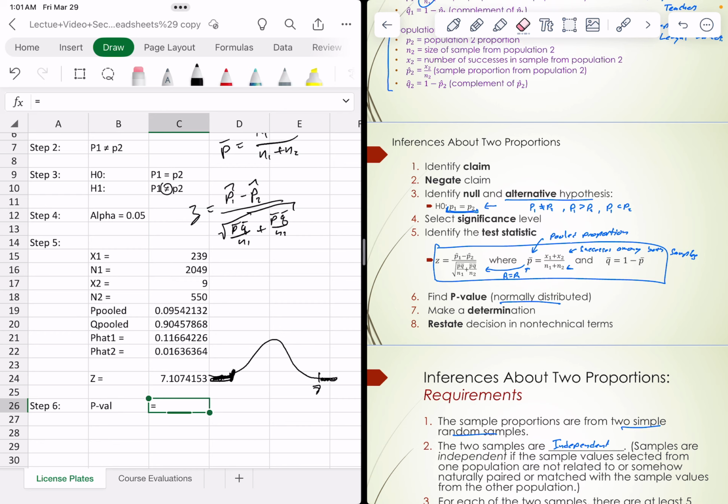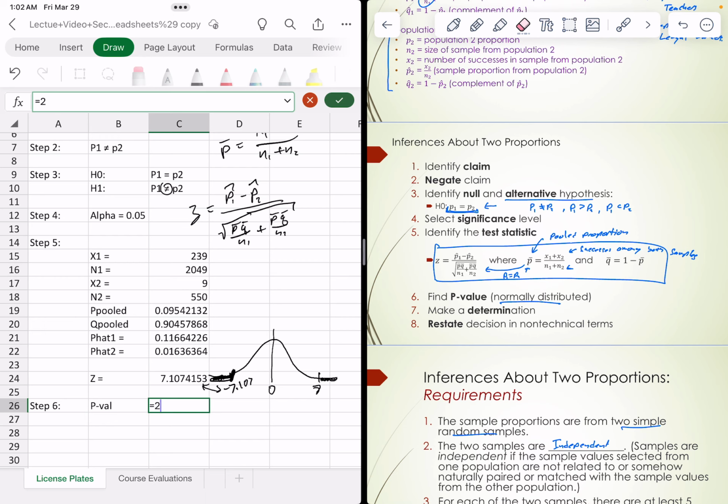Now the z value corresponding to that area is negative, because it's less than the mean, which is 0. Z values are always standard normal, mean of 0, standard deviation of 1. So I'm going to use negative 7.07, exactly the opposite of this one. I'll find my area to the left using norm.dist and multiply that by 2. Observe.